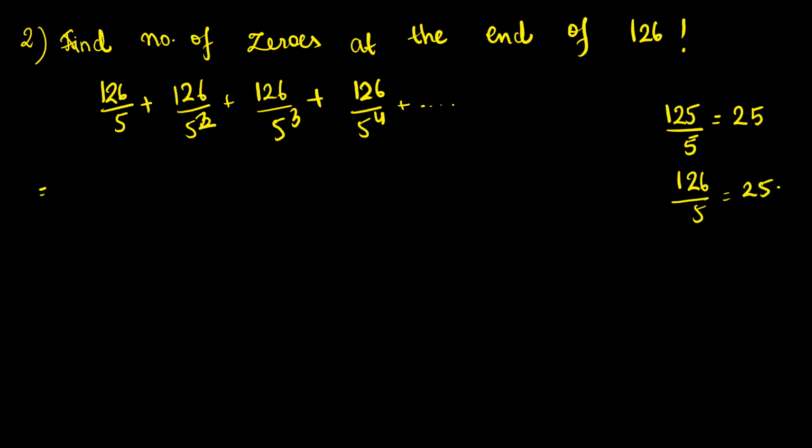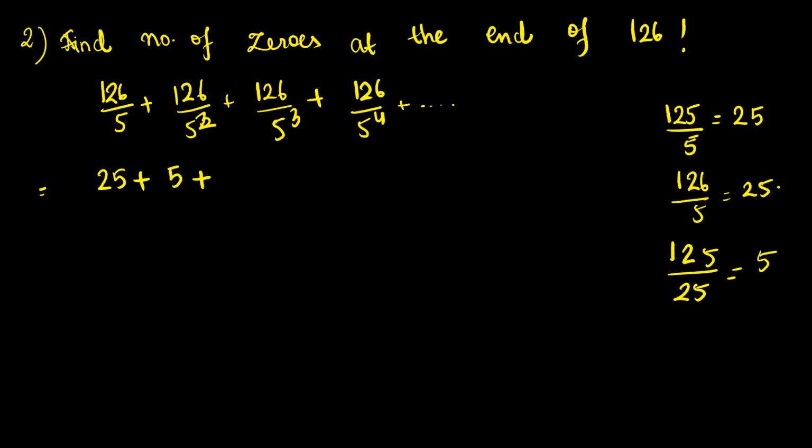So we'll take only the integer value, so we can write it as 25 itself. Next is 126 by 5 square. 125 by 25 is equal to 5. So 126 by 25 will be 5 point something, so we'll take only the integer value, which is 5.